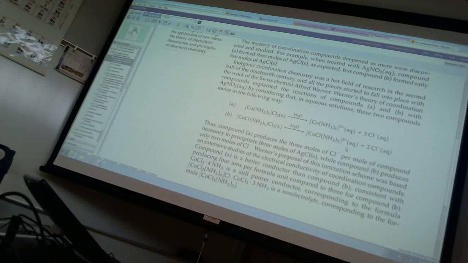So I got 6 ammonias attacking it. And so this whole big thing now is my cation. This is going to be net charge 3+. It comes from cobalt being 3+ and the ammonias being 0, neutral.